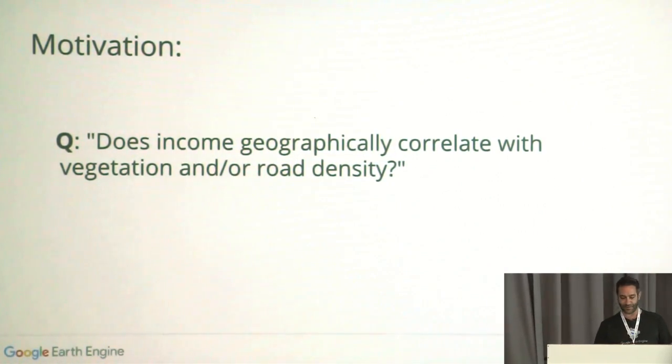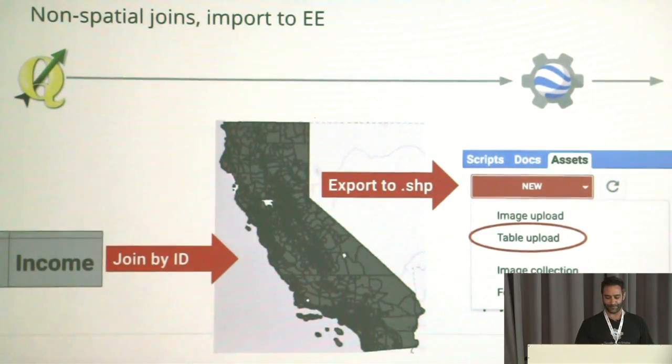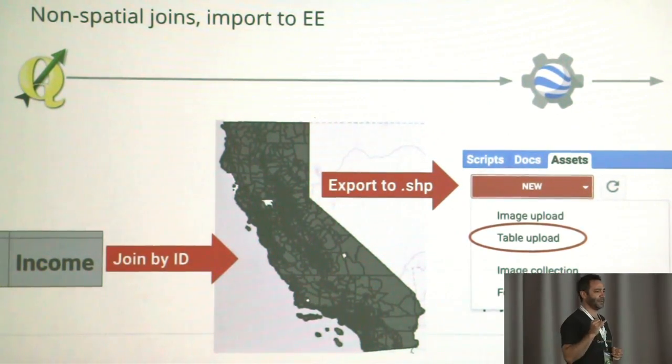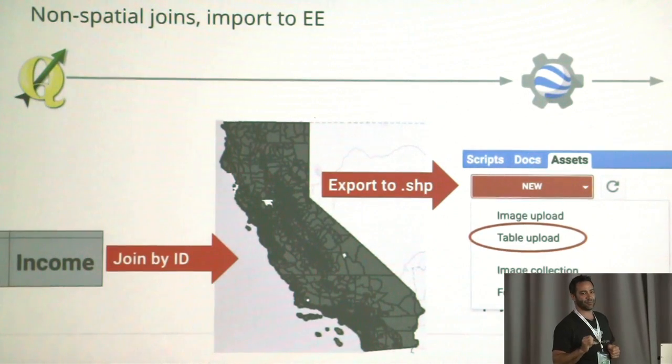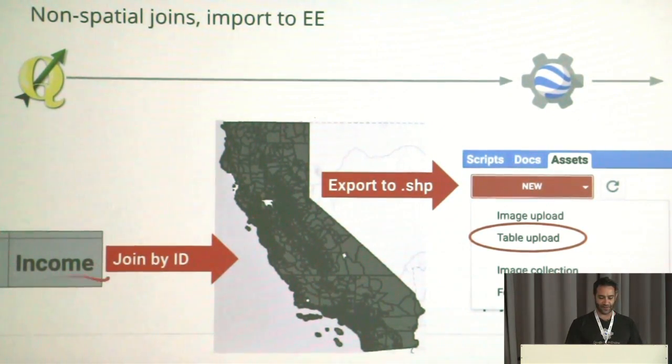And here is the way that I propose to answer this. I am going to start with census block group data joined to a table of socioeconomic factors, including aggregate income in each census block group. So start with this income table.